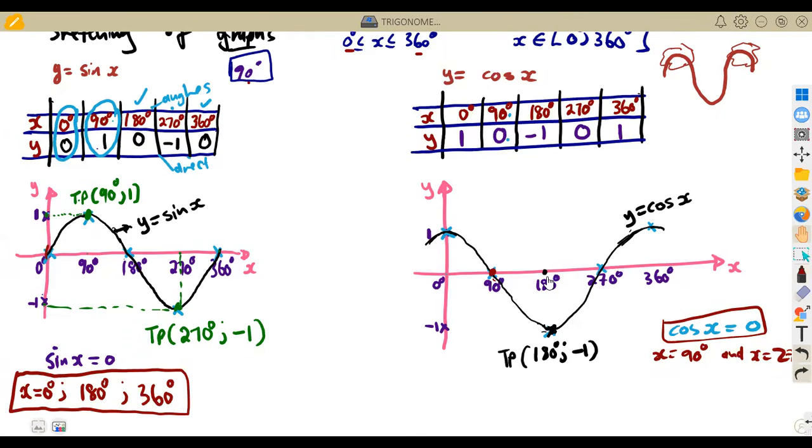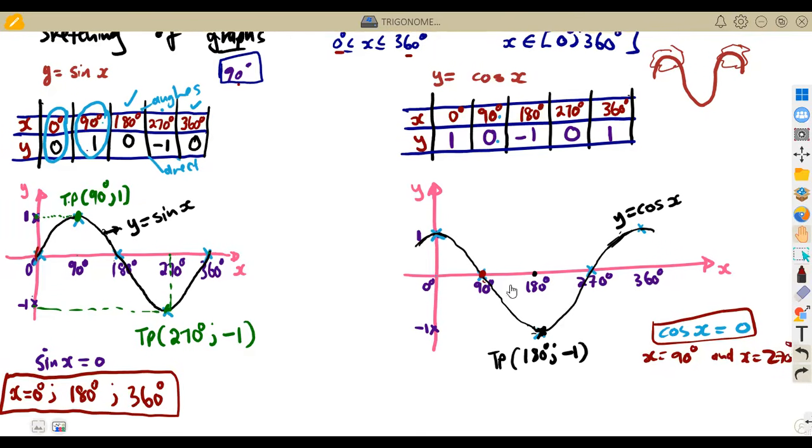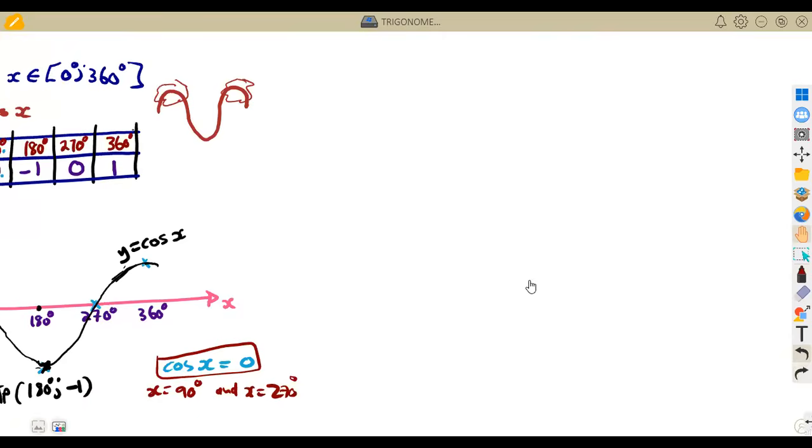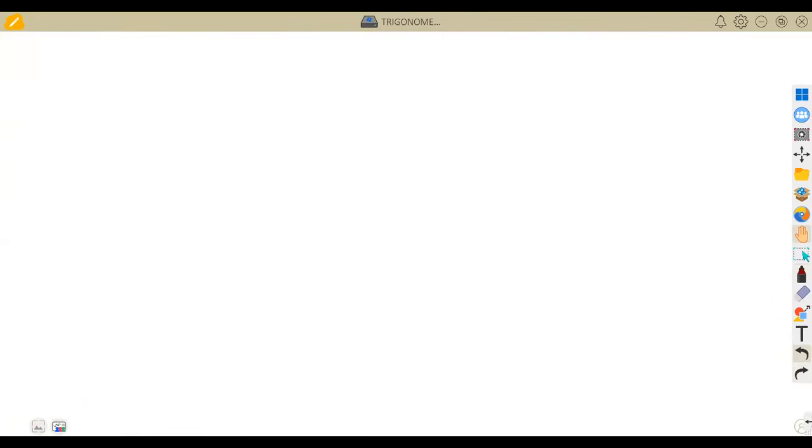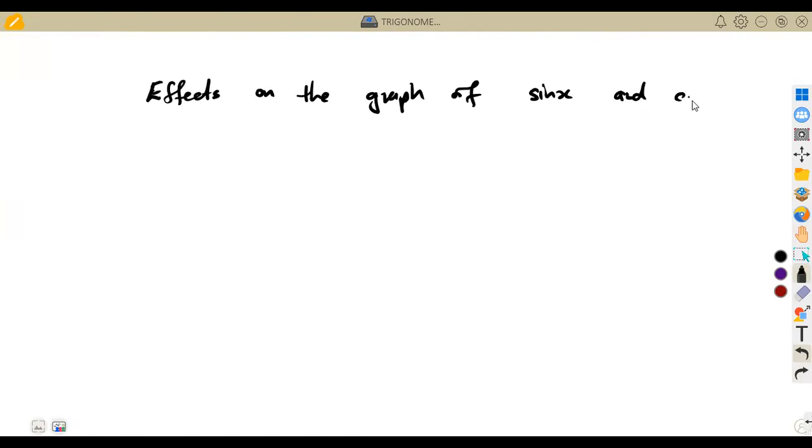We shall see these effects when we are sketching the graphs later on, but let me just explain one or two so that when we are relating, you'll be understanding the idea. So we have got effects that can actually happen on the graph of sine x and cosine of x.